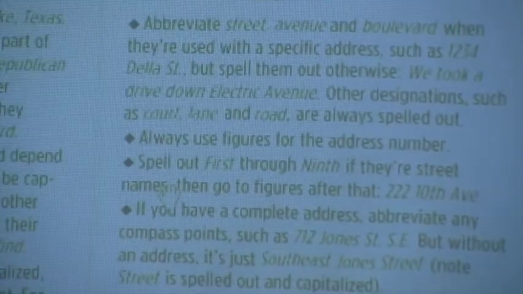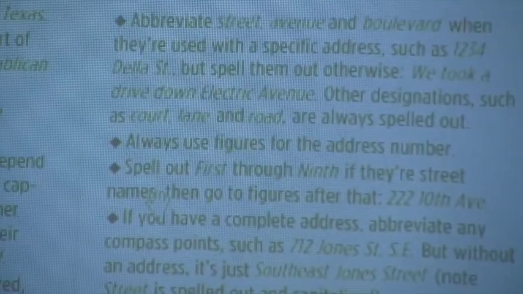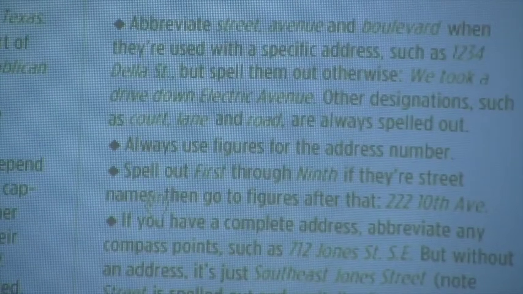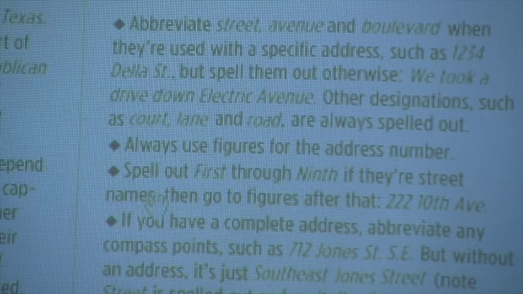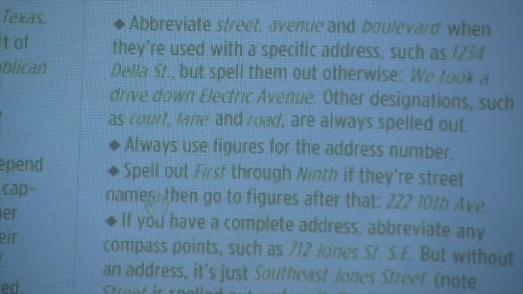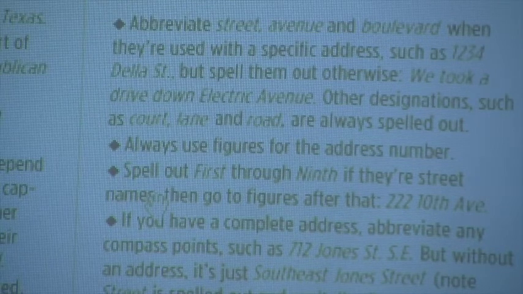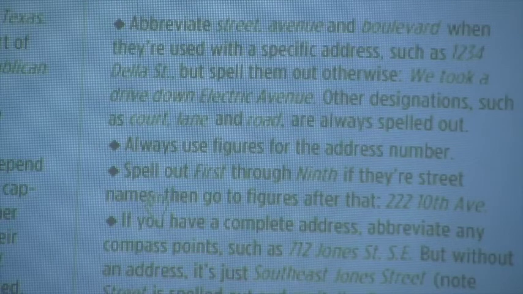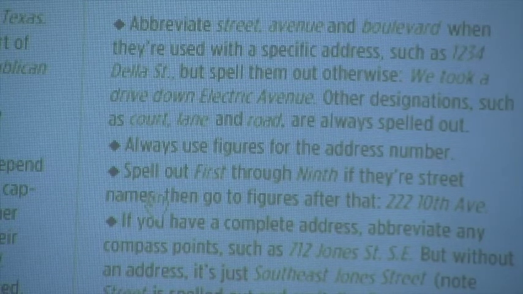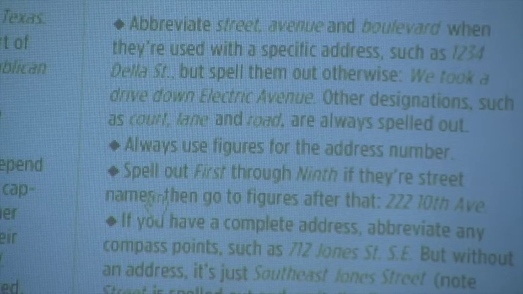So 1234 Del St., but spell them out otherwise. Always use the figures for the address number, meaning physically write out 1, 2, 3, 4, the numerals, if it's an address number. Spell out 1st through 9th if they're street names, then go to figures after that. So 10th Street, 10th Avenue.